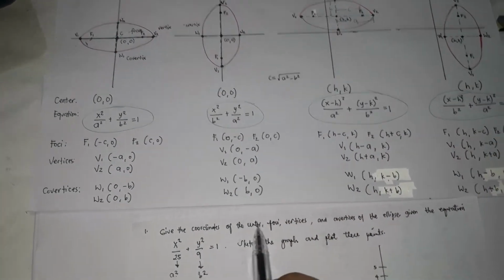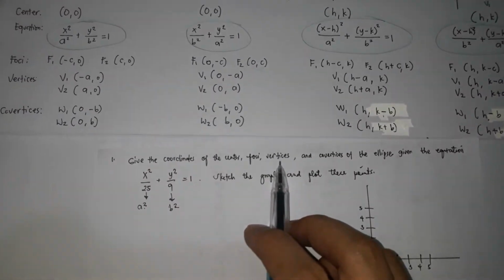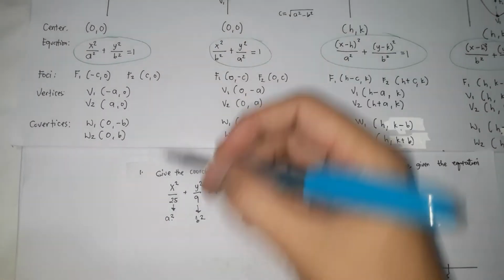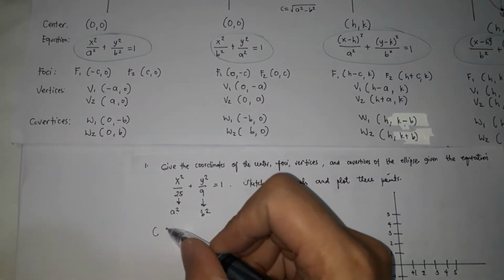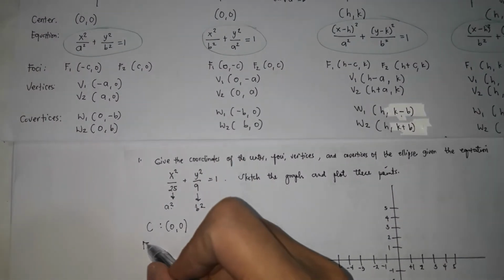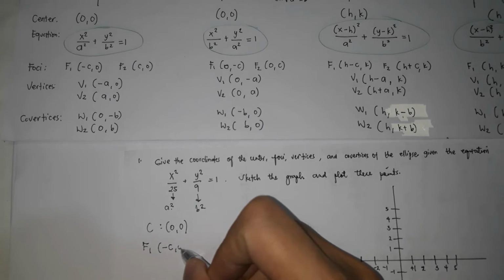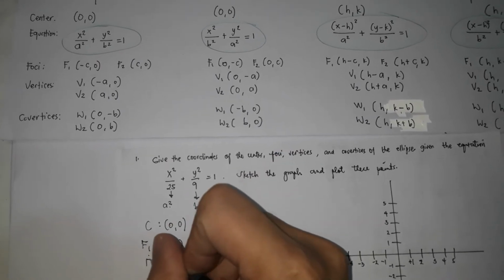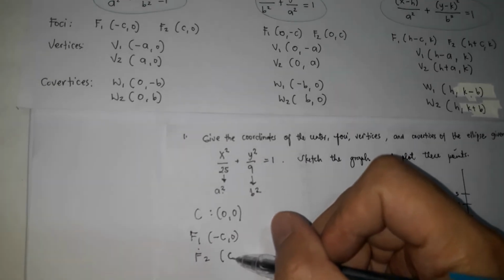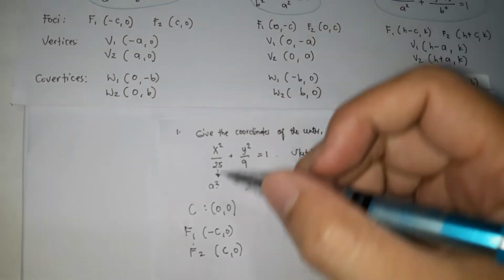So, if we're going to identify the center now, the foci, the vertices, and co-vertices, we're just going to copy this. Kopyahin mo lang to. The center is 0, 0. The foci 1 is negative C, 0. The foci 2 is C, 0.